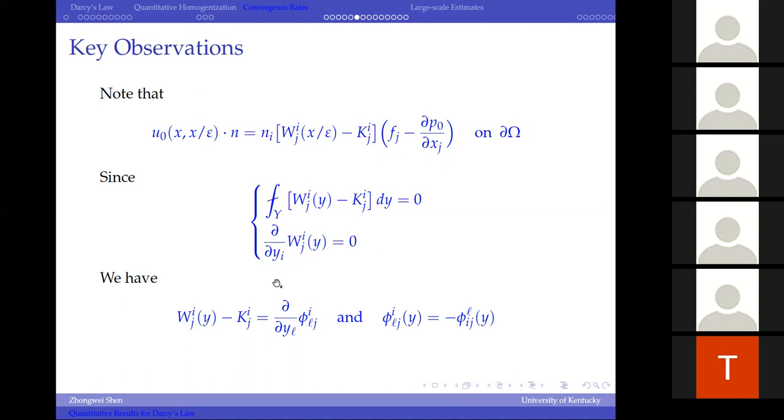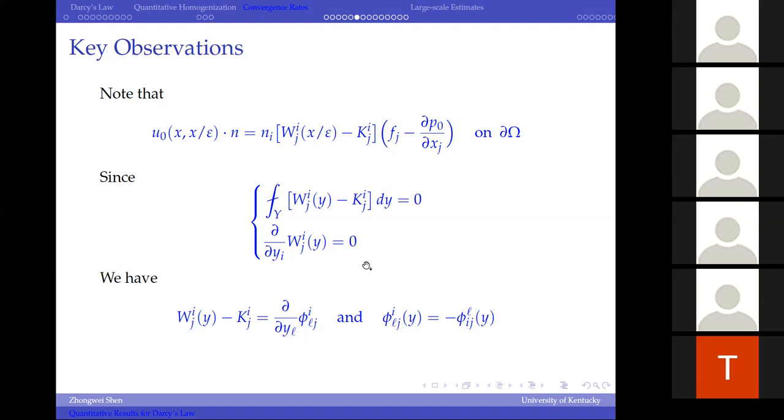And we also know that this corrector is divergence free. These two conditions allow you to rewrite this corrector minus its average as a divergence of a tensor which is anti-symmetric, or skew symmetric. So I have phi I L j. J is fixed. If I switch I with L, I get a minus sign. So for fixed j, this matrix phi I L is skew symmetric, and that's the key here.